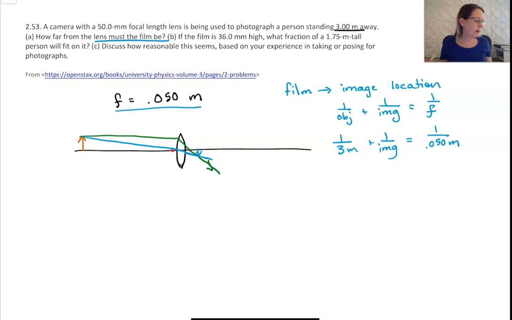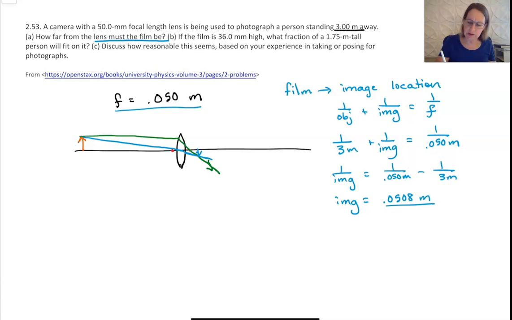And you could do the whole thing in millimeters if you prefer. Then you get 1 over the image distance is equal to 1 over 0.05 minus 1 over 3 meters. And when I do that in my calculator, I get 0.0508 meters as the image distance.